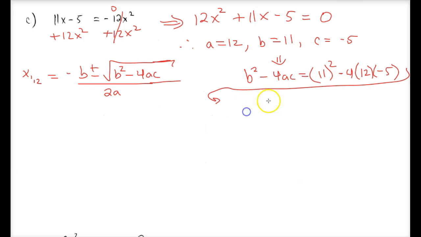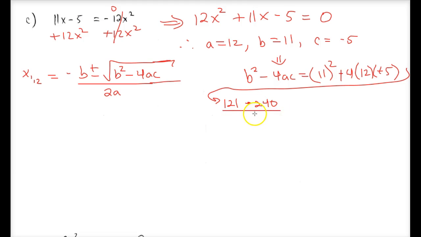Let's get that looking a little better. So that's 121 minus, and here notice we got a negative times a negative, which is a positive. So we have 4 times 12, which is 48, and then 48 times 5, which is 240.